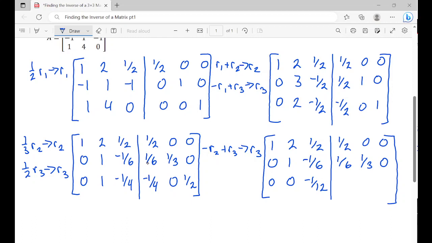Then a negative 1/6 plus a negative 1/4 is going to give me negative 5/12. A negative third plus 0 is a negative third. And then 0 plus a half is still a half.